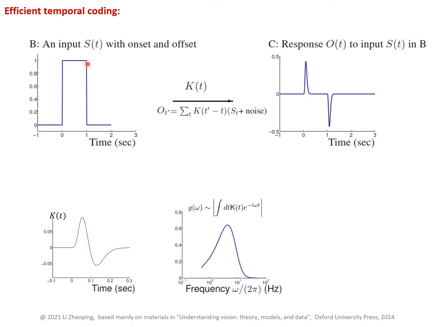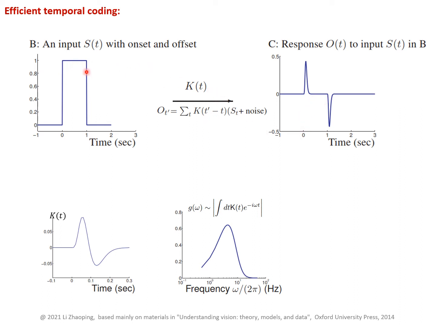However, during this time window, there's no signal change. So therefore, the integration of any ongoing signal is cancelled by the inhibition of the signals in the recent past. They're exactly the same. So inhibition and excitation cancel each other. That means at the output, there is no response. This means any continuing signal that is similar to the recent past signal is predicted and then ignored.